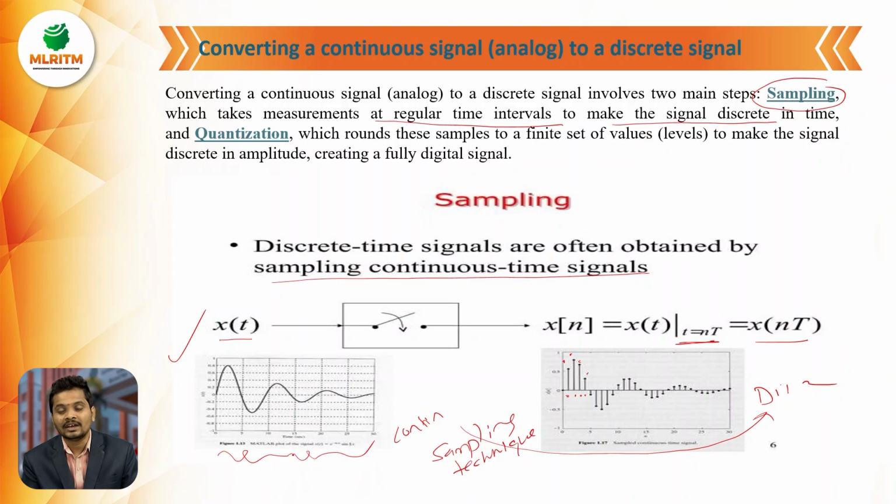And quantization rounds these samples to a finite set of value levels to make the signal discrete in amplitude, creating a fully digital signal. Suppose I have 0 to 1 second; sampling will convert it into discrete values like 0.01, 0.2, and these will be rounded by the quantization technique. That is the process of converting the continuous signal into the discrete signal.